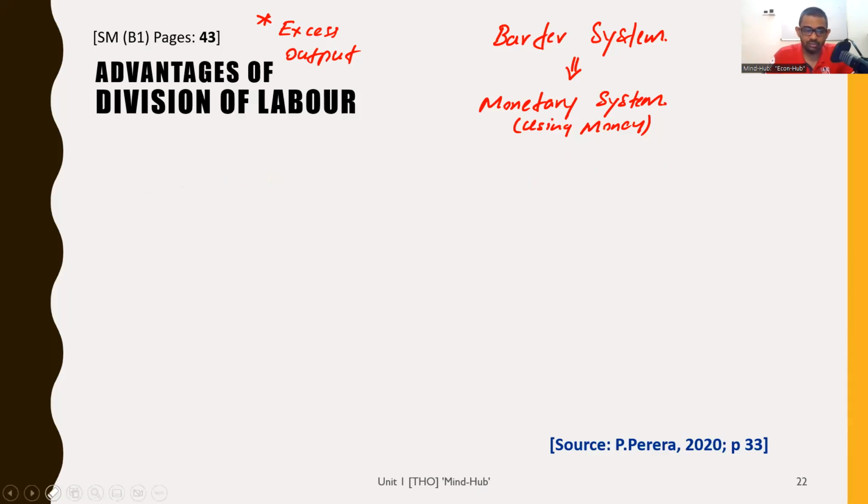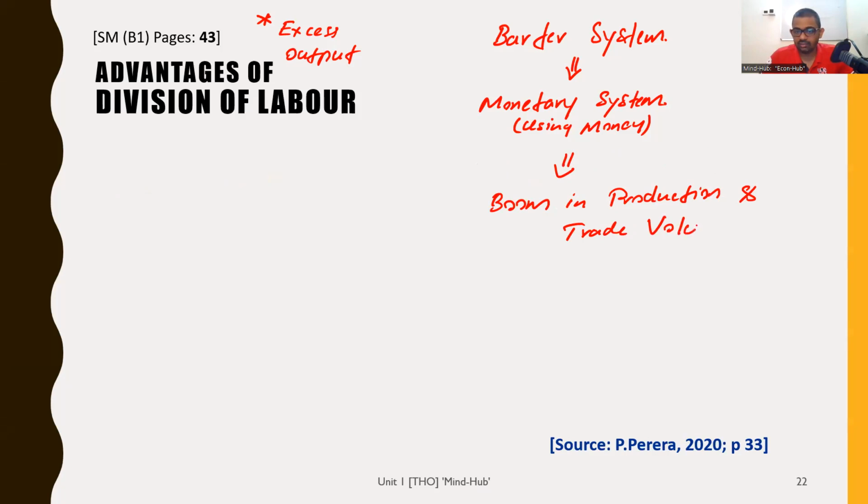Why did we have a boom in production and economic activity? With this comes a boom. That's a good word: expansion, big expansion, boom in production and trade.